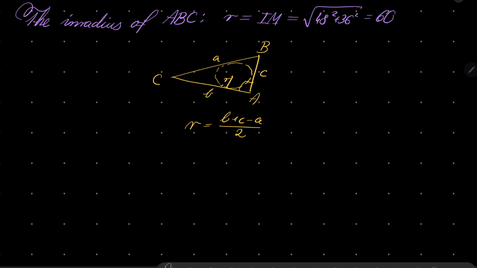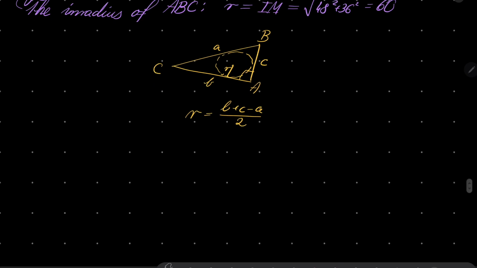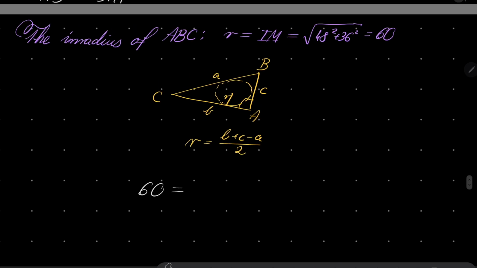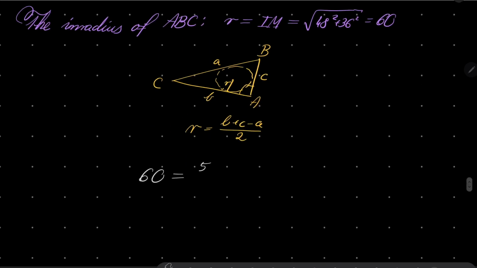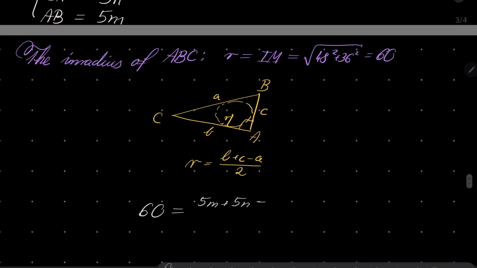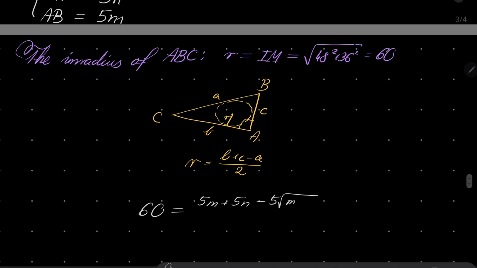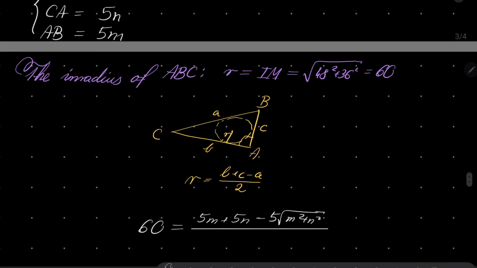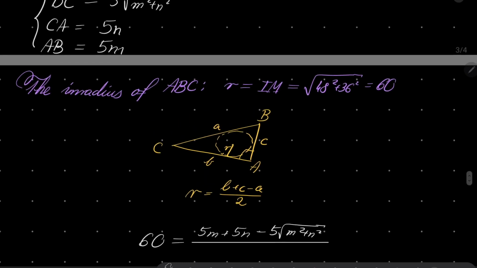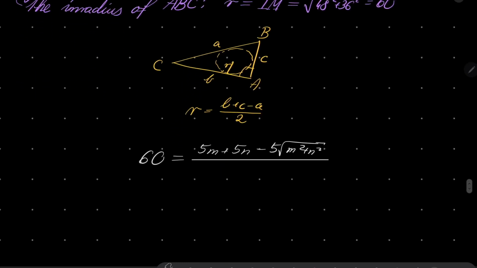All right, and now I wish to solve the following equation. 60 equals the length of one segment 5m plus the length of the other segment minus the length of the hypotenuse, over 2.